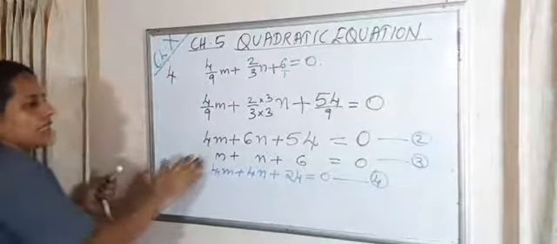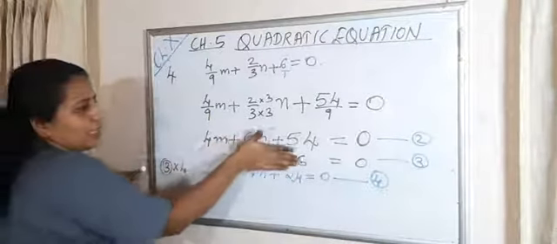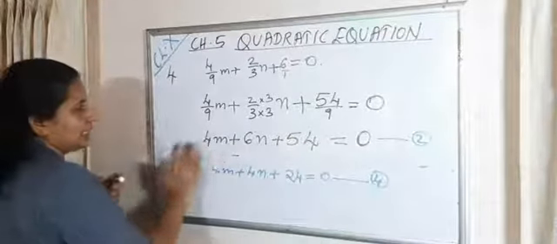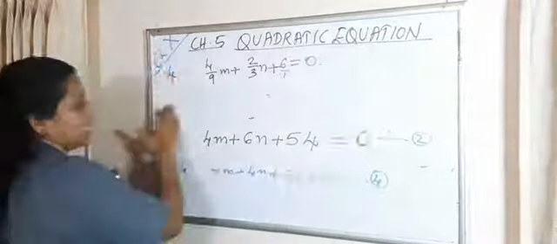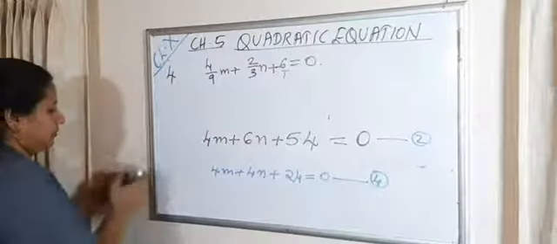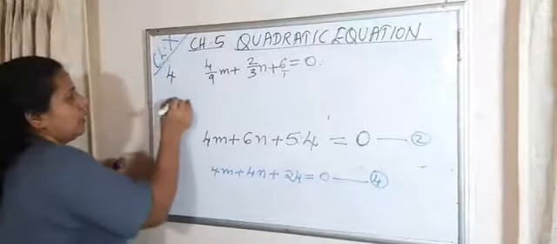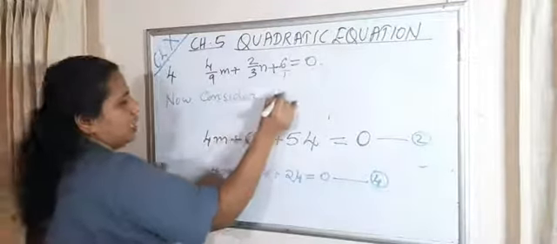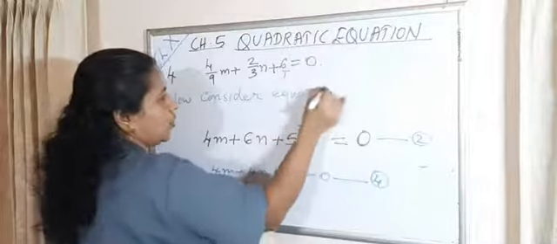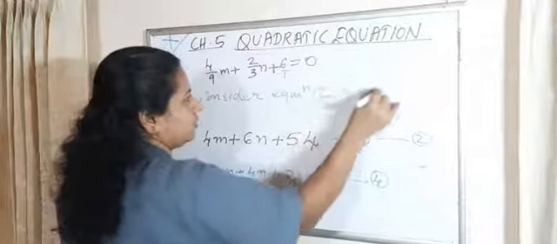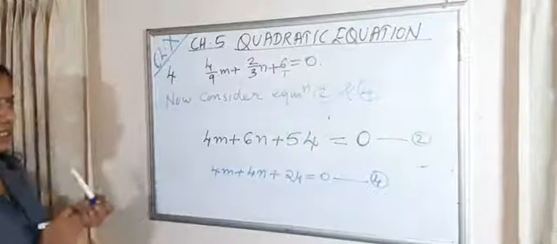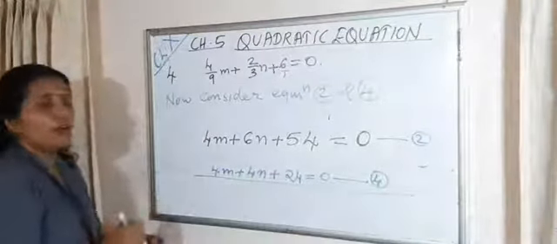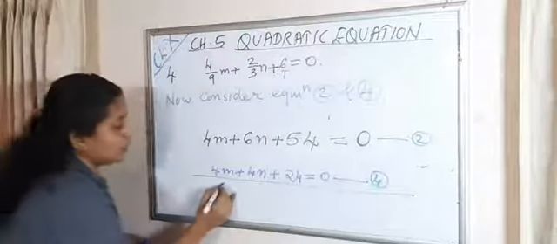Now consider equations 2 and 4. What is 4m minus 4m? 4m minus 4m is 0.